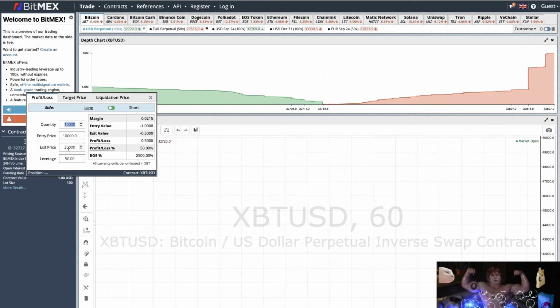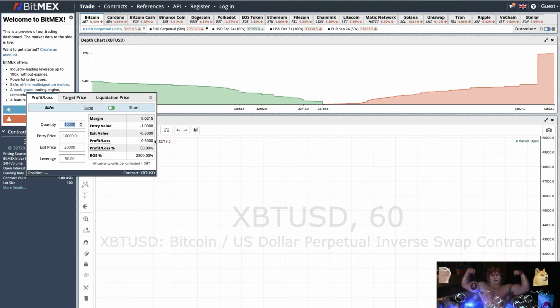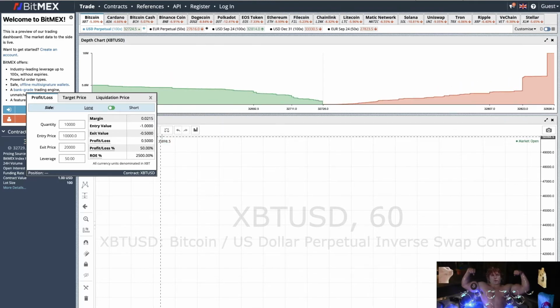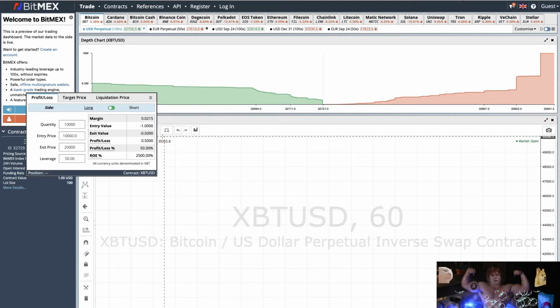So my position size denominated in Bitcoin would be half as much on my inverse trade by the time Bitcoin hits 20,000. But because the P&L was paid out in Bitcoin along the way, that makes up exactly the difference. The P&L you made early on that was paid out in Bitcoin is now worth more later on because Bitcoin went up in value, and it exactly cancels out the difference.